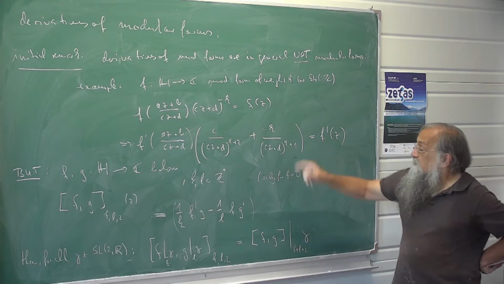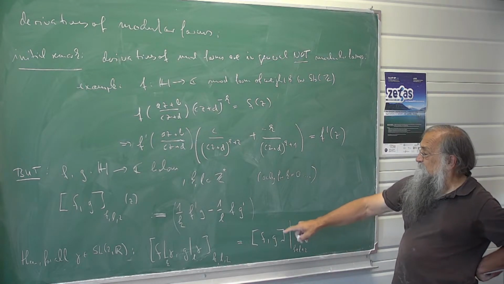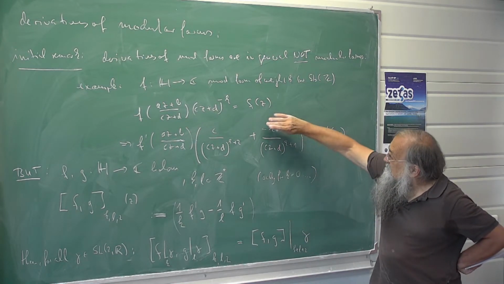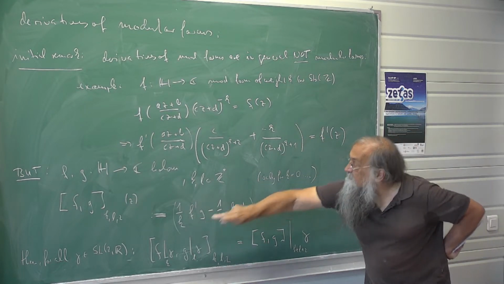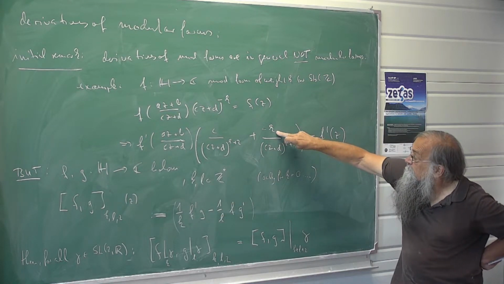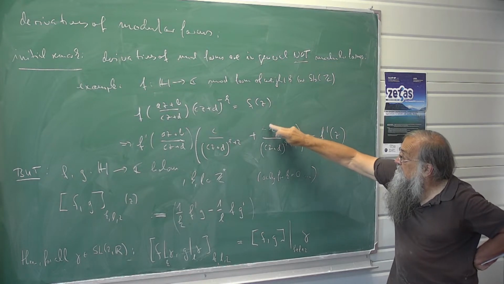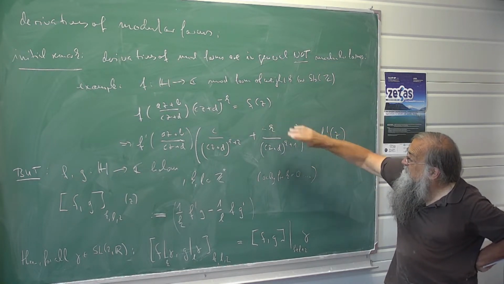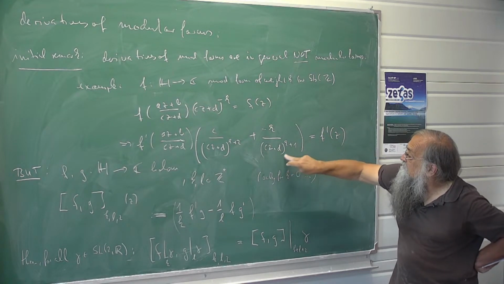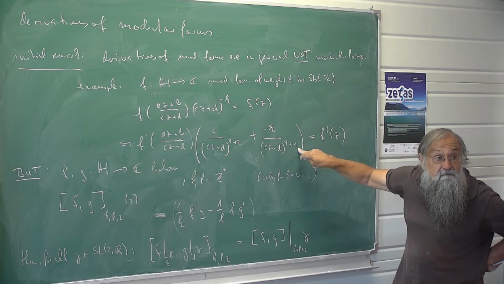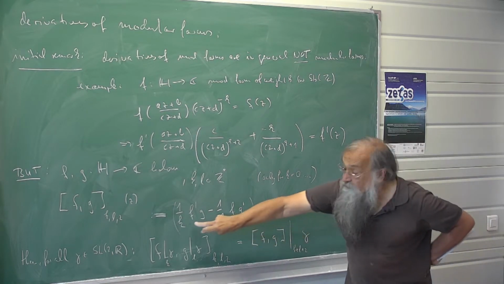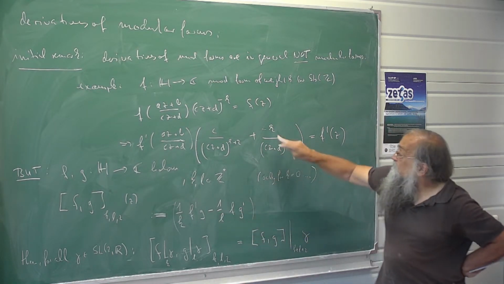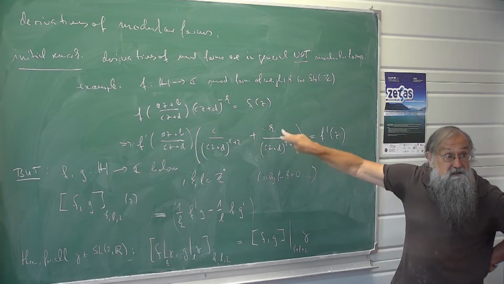And we can explain this by the following. These denominators here remove this, and from F and from G you get a disturbing term (cz+d)^(k+1), and by this difference we remove this part.